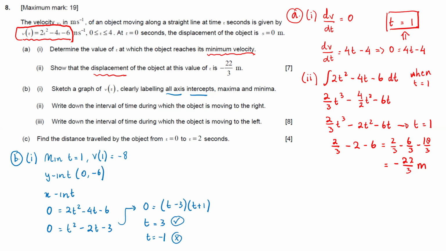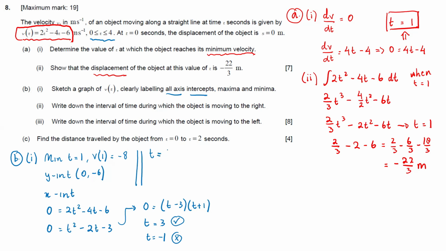Do we have any maxima or minima? Since it's bounded only between 0 and 4, we have to check each end. When t equals 0, we already know that one, the y-intercept, so we can ignore it.